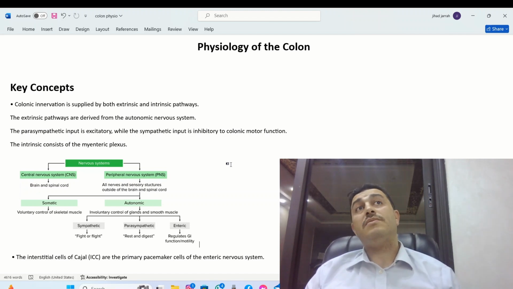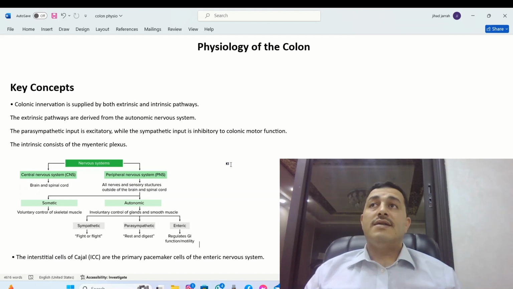This is first. Also, the colon participates in the production of some nutrient material, of them the short chain fatty acids. We know butyrate is the main energy source for the colon. This is produced in the colon by the bacteria, the microbes in the colon.